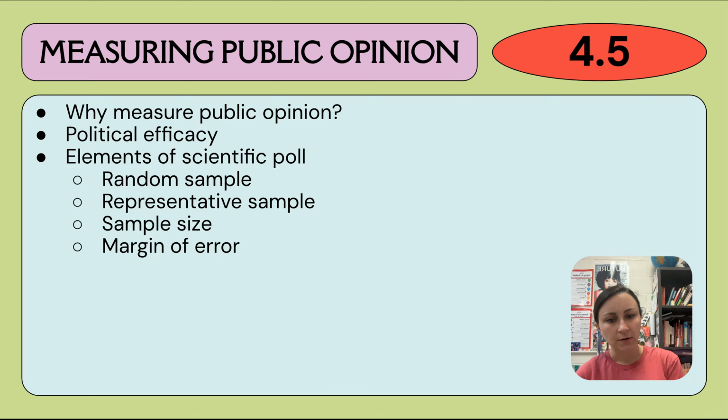And then margin of error. An acceptable margin of error is about 3%, which is why when there's a really tight race, for example, President Trump and Vice President Harris, when they were running in 2024, public opinion polls showed Vice President Harris at like 49% of the vote, President Trump at 48% of the vote, and then the other runners at like 3% or whatever, right?